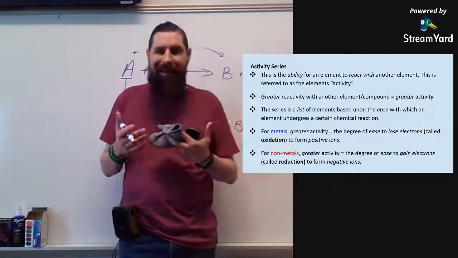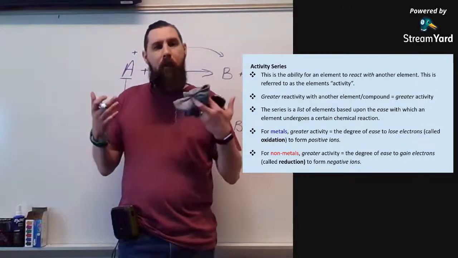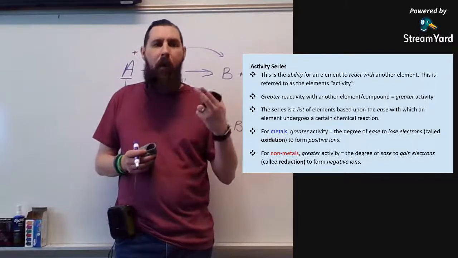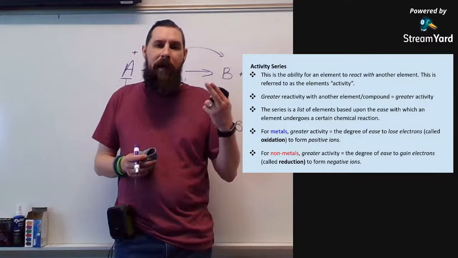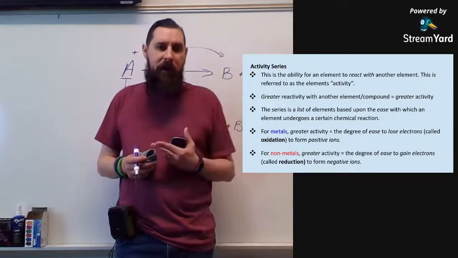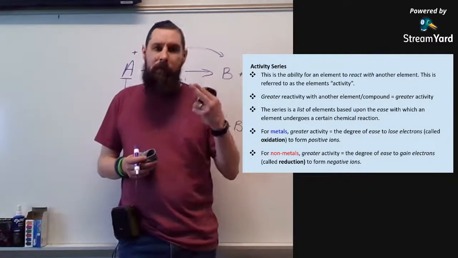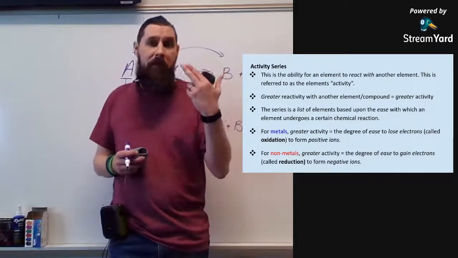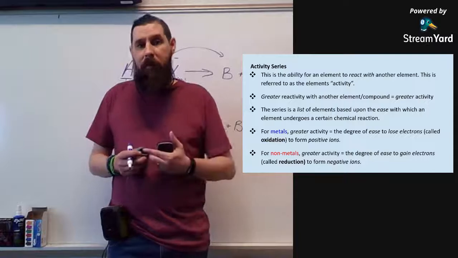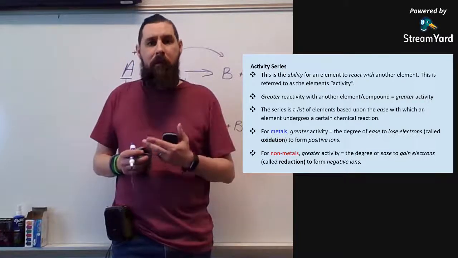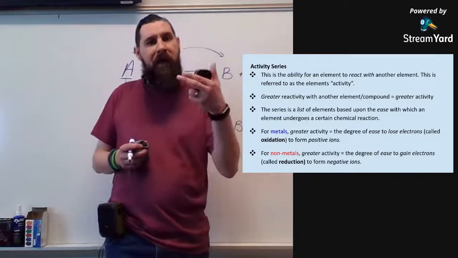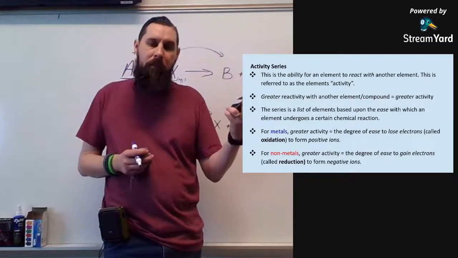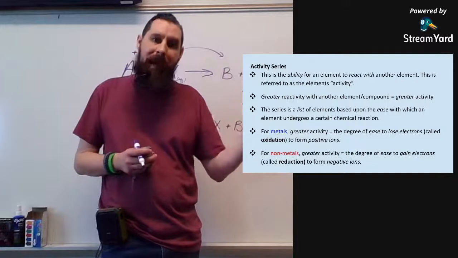So one of the guiding principles for reactivity or activity is that an element can only displace elements that are below it on the periodic table. So if I'm looking at a reaction where I have, say, lithium in a compound, and I introduce sodium to that reaction mixture, because sodium is below lithium, sodium's not going to be able to replace lithium because lithium is more reactive.